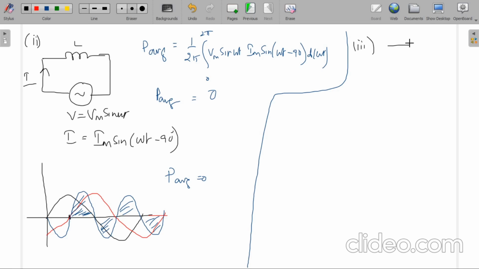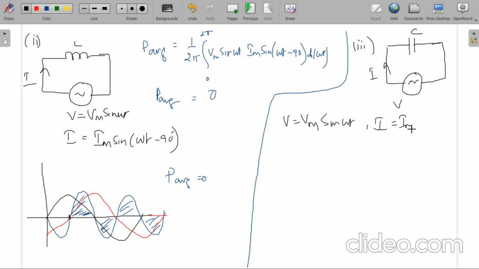Case 3, if the AC circuit consists of only capacitance, let V be the voltage applied across this, I is the current flowing through this. Then V is equal to Vm sin omega t, then I is equal to Im sin of omega t plus 90 degrees.